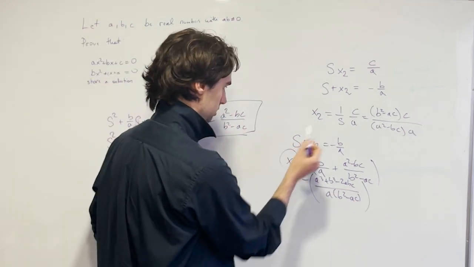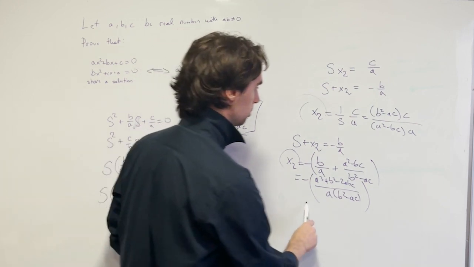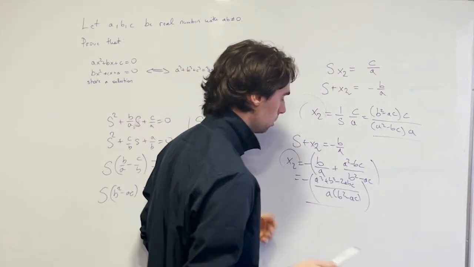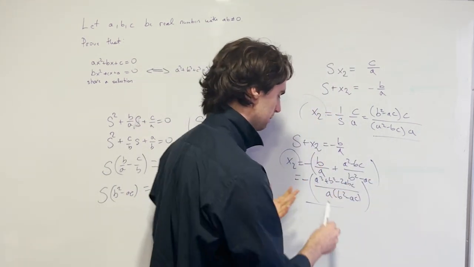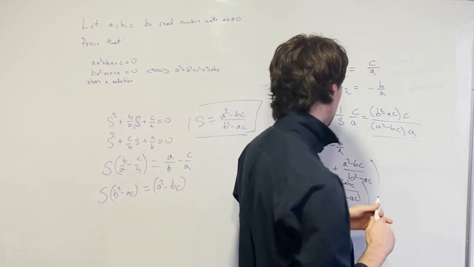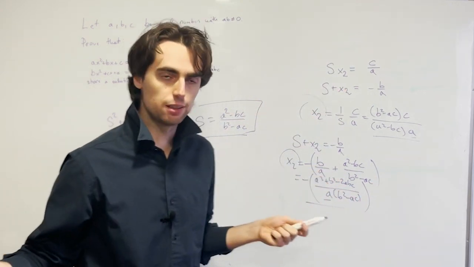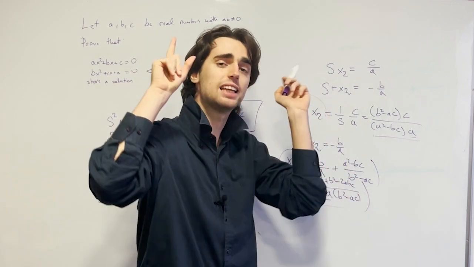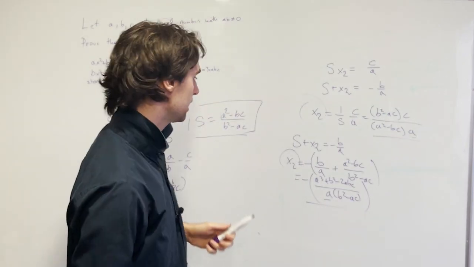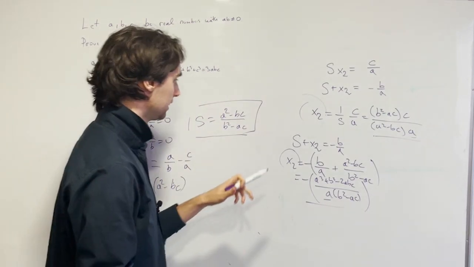And now this is the same x2, so these two expressions must be equal. The only nice thing about them is that the a's cancel out. And you might say, wait, this is still a degree 5 polynomial on both sides. Yes, it is, but it factors out nicely.